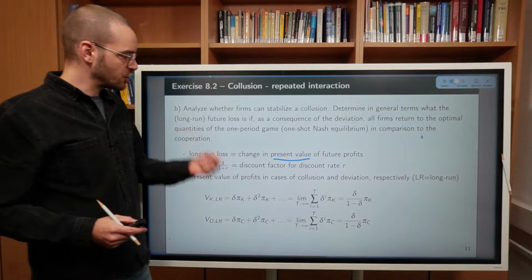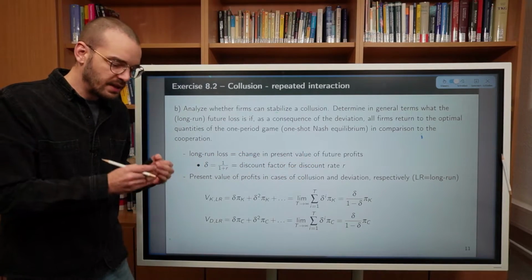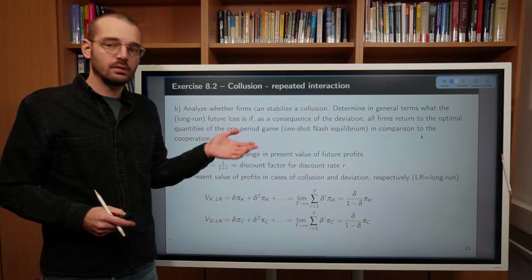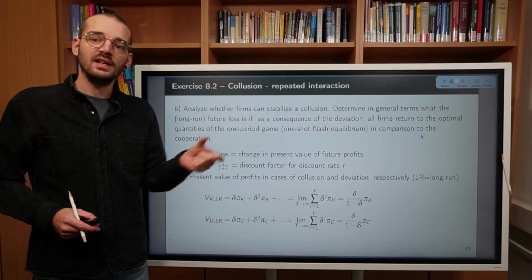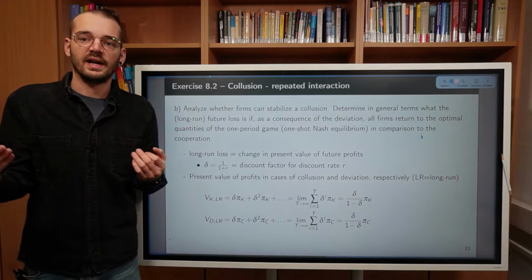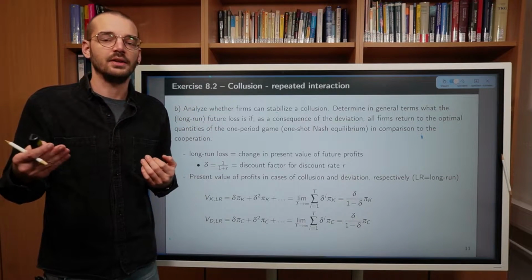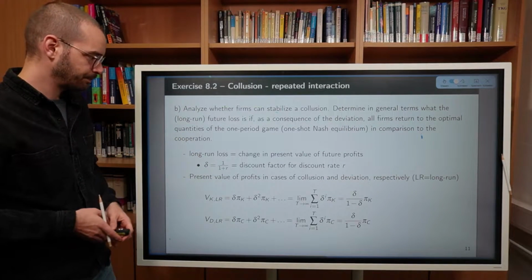Now, where does this change come from? We have already discussed it, of course. Well, if now in the future firms are no longer colluding, but instead they are competing, of course, we have a change in each individual period's profits, which of course implies a change in the discounted value and the present value of all of these future profits.